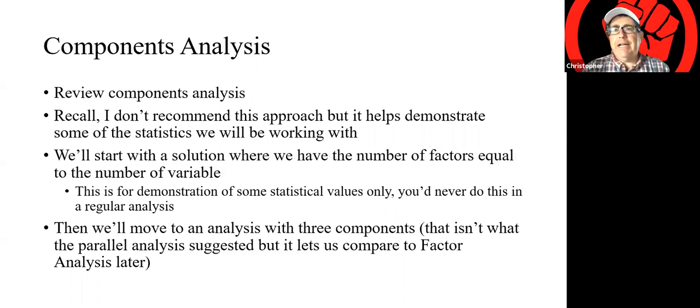So I'm going to extract 9 components to explain 9 variables. Again, that's just to demonstrate a couple of statistical values, and then we'll move on to an analysis with 3 components. That's not what parallel analysis suggested would be right here when we talked about number of factors, but it will allow us to compare results across component analysis and factor analysis.